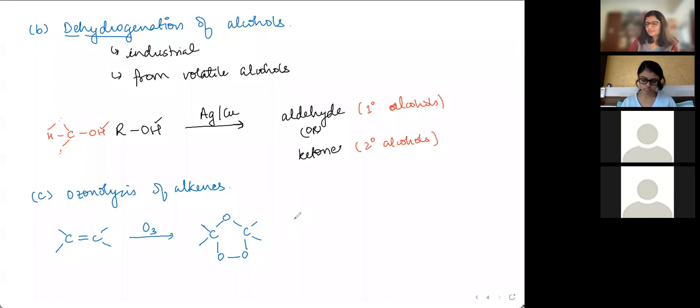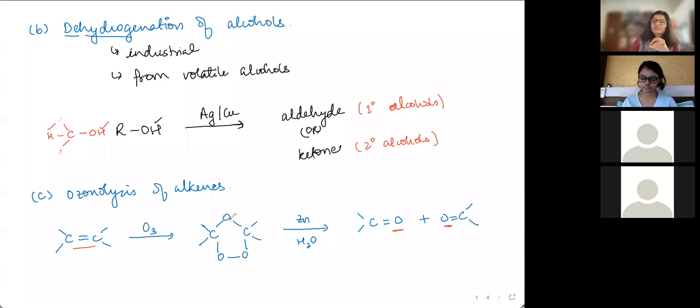Now this is kind of unstable. In the presence of zinc, hydrolysis happens, and this breaks to give the products. So if you look from the first reactant to the end product, the double bond breaks, and instead of the carbons being connected to each other, there's an oxygen on each side. So that's what happens.